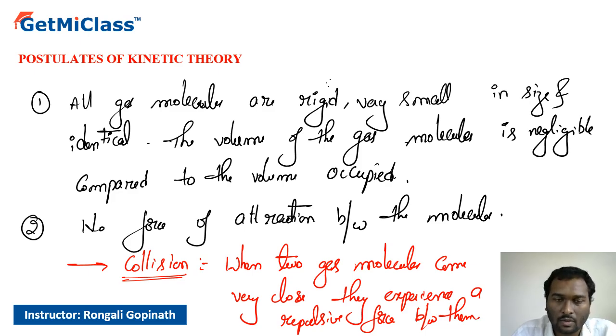Now, the distance traveled by a gas molecule between two successive collisions is called the mean free path. We are going to learn one particular formula related to mean free path at the end of the chapter. So just try to keep up with the terminology in this case.